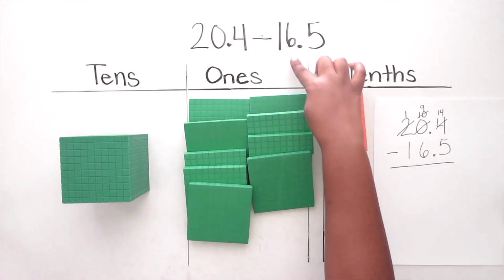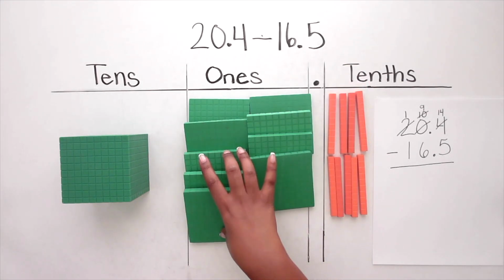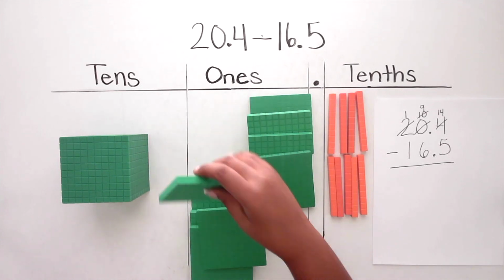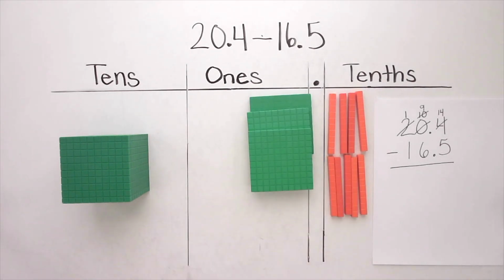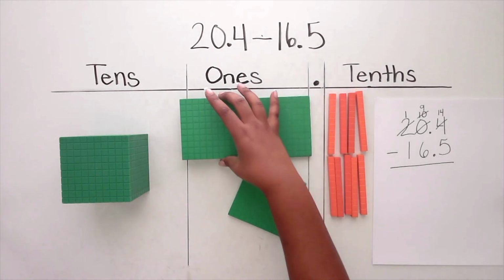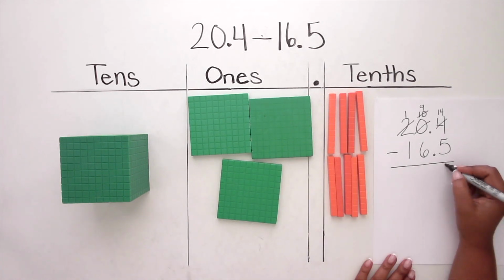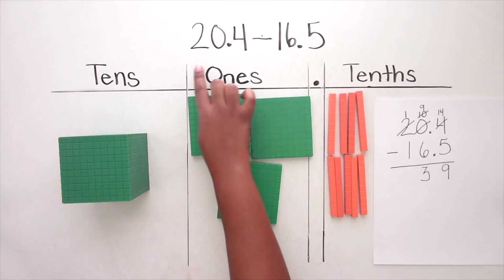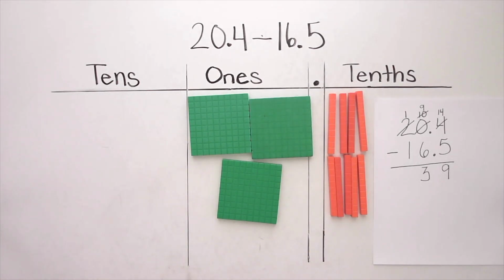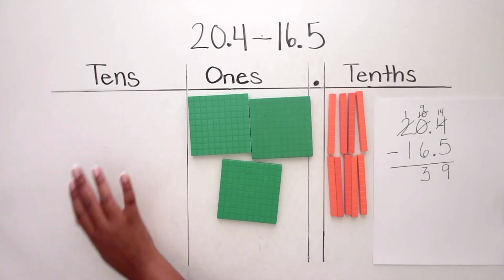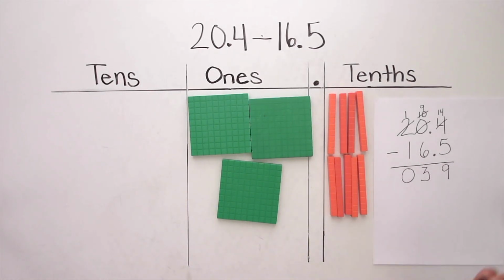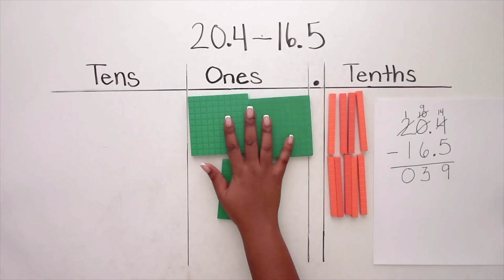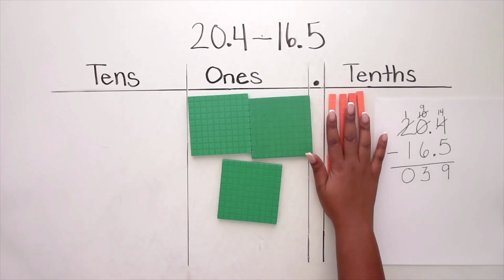I'll subtract 6 ones, leaving 3. In the tens place, I'll subtract 1 10, leaving 0 tens. Remaining, there are 3 ones and 9 tenths.